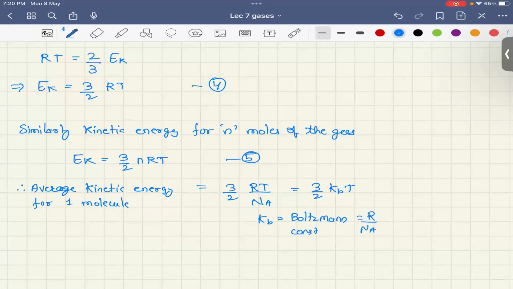Hence, what we have proved is Ek is equal to 3 by 2 kBT, which implies Ek is directly proportional to temperature.